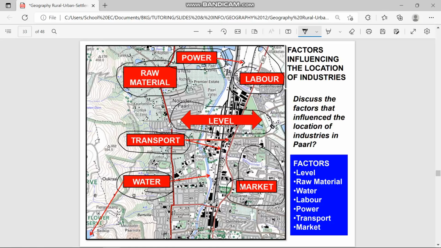As you can see here: level land, raw materials, water as in rivers, labor as people who are going to work, power lines for electricity, transport along roads, and market, so that shops are nearest to your industry and able to buy these goods and services. That's it.